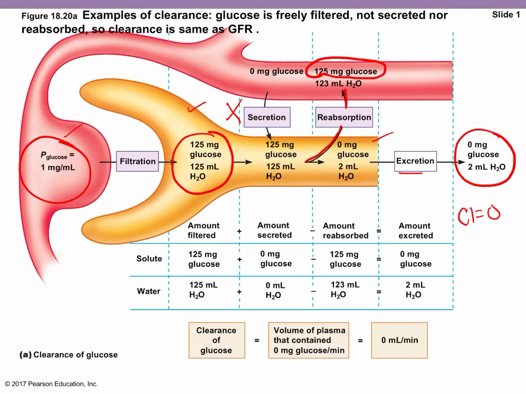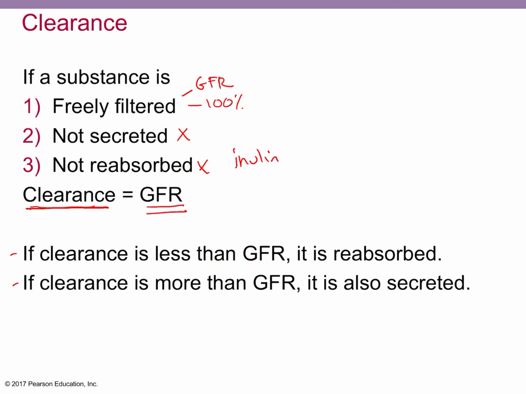However, you can say, okay, well, what about glucose? The clearance of glucose was 0, right? Let's go back to the filtration of glucose, 125 milligrams. So if the clearance is less than the GFR, then it is reabsorbed, right? And in this case it is an extreme example because all of our glucose was reabsorbed.